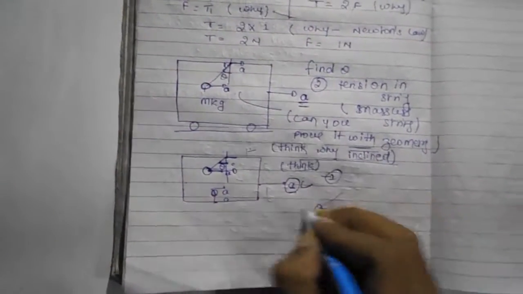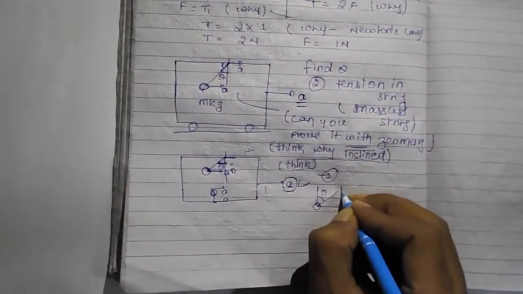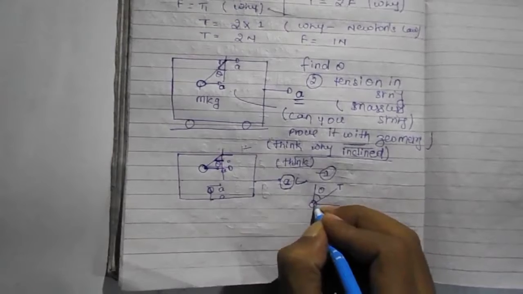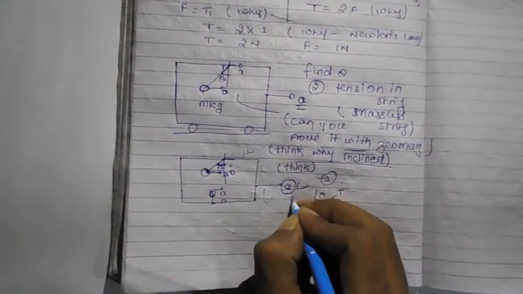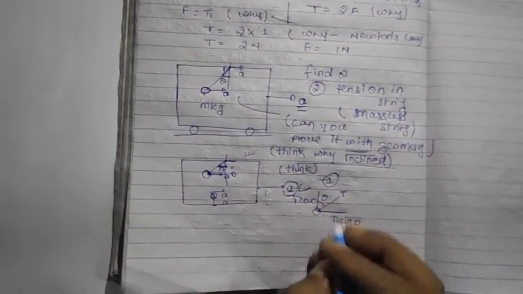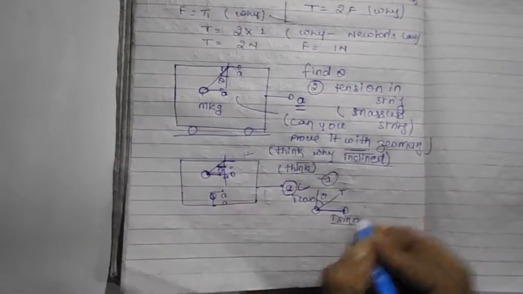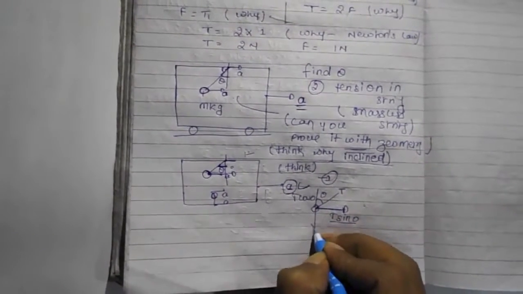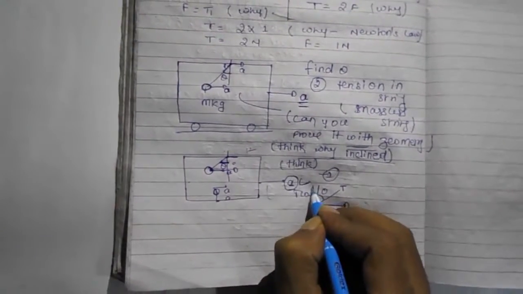Here this angle will be theta, and the tension is T. Here this will be T sin theta, this will be T cos theta. Here the acceleration in this direction is a. Here this is mg. Now this bob is not moving in this direction.